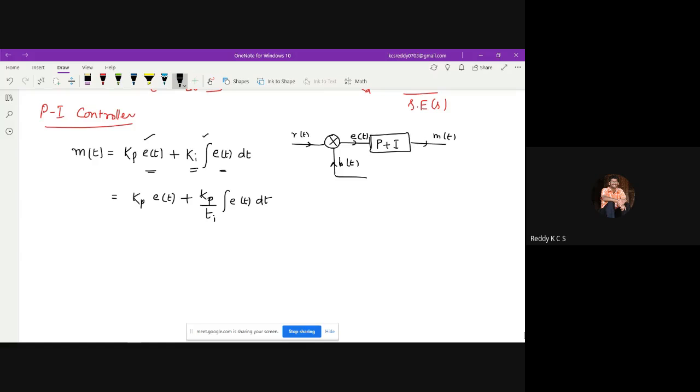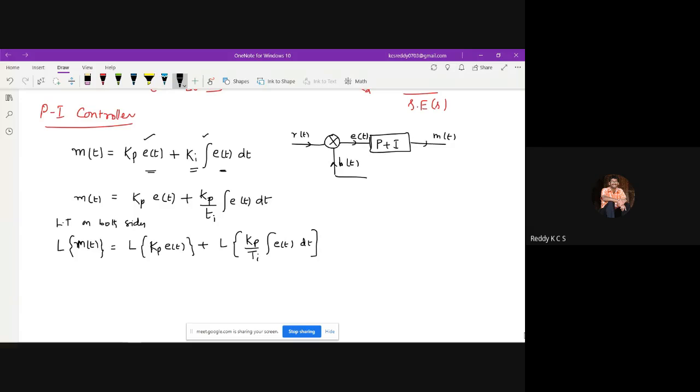Then I can take out the m of t and apply the Laplace transformation on both sides. The Laplace transformation of m of t is equal to the Laplace transformation of Kp into e of t plus the Laplace transformation of Kp by Ti times the integral of e of t dt. We know that Kp is a constant and Kp by Ti is also a constant, so we can take them out and apply the Laplace transformation to the time domain functions, e of t and the integral of e of t dt.